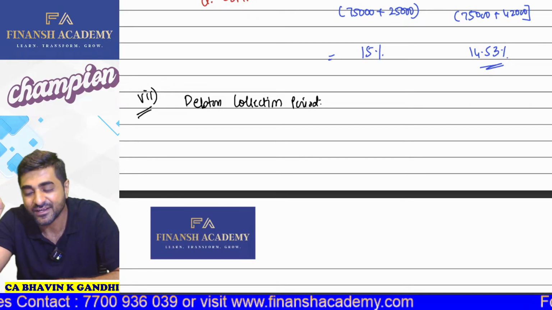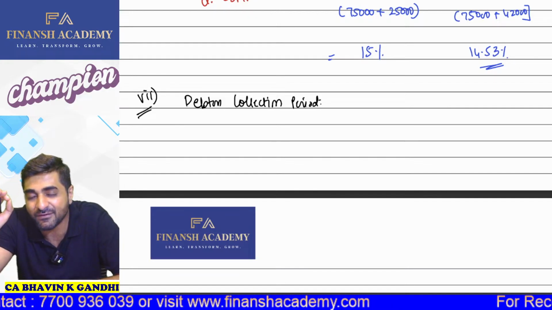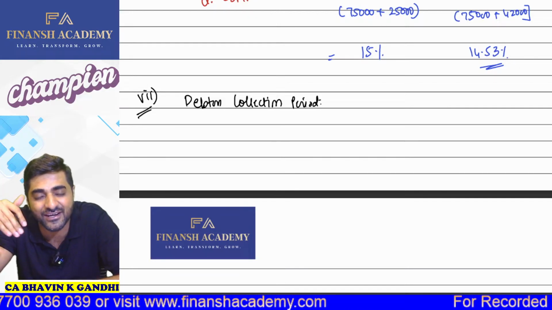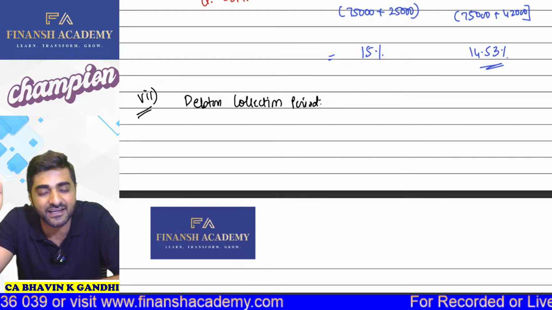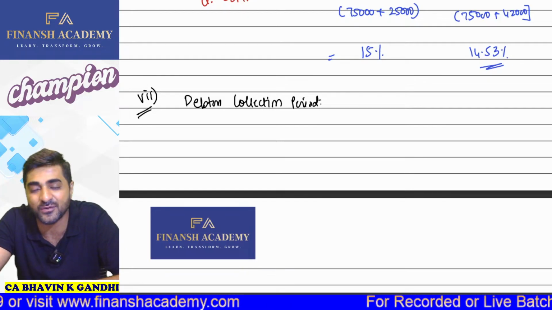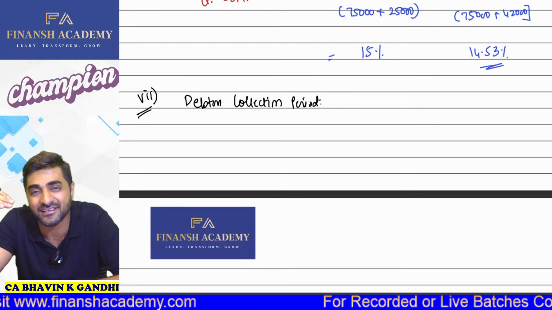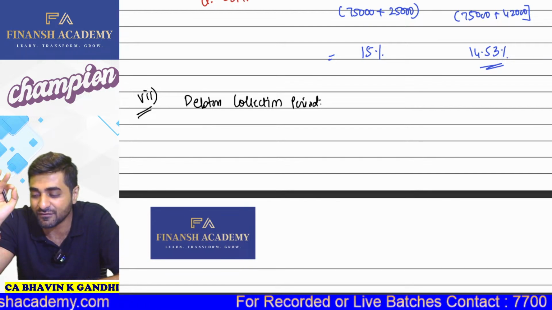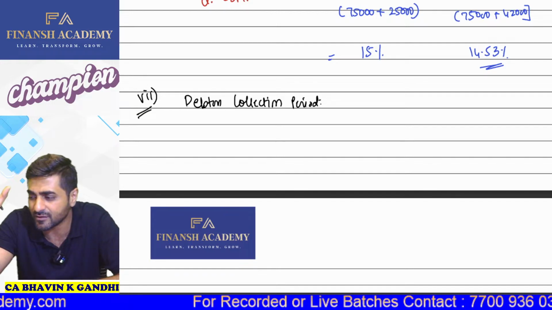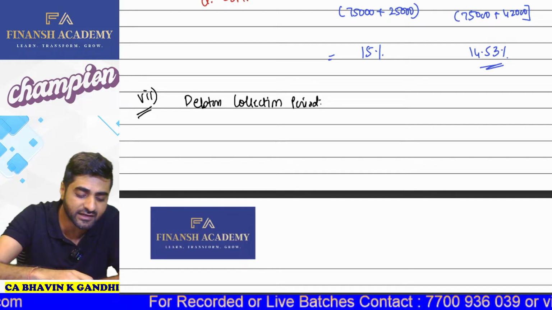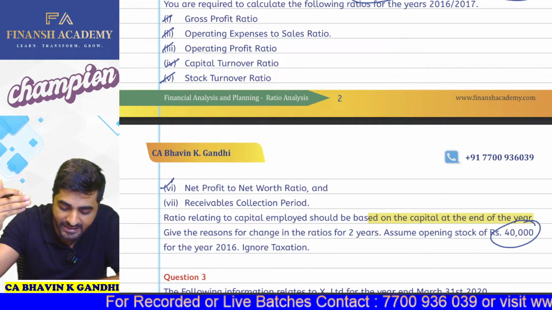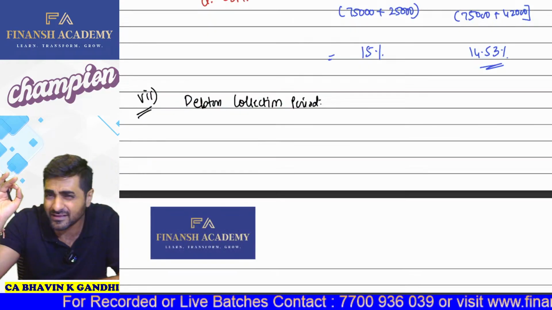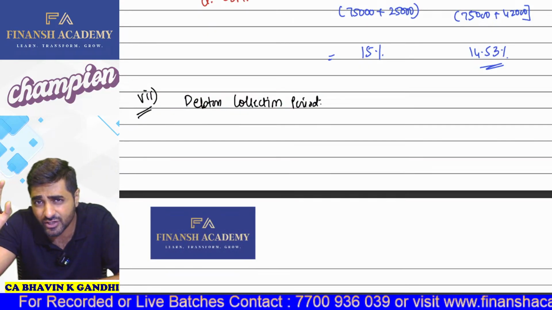Whenever we are dealing with your debtors collection period, we take 52, 365 or 12 and then we divide that by the debtors turnover ratio. That's what we do. If no data is given to you, then the debt collection period should always be calculated in days. So we're going to take 365 and divide that by the debtors turnover ratio.